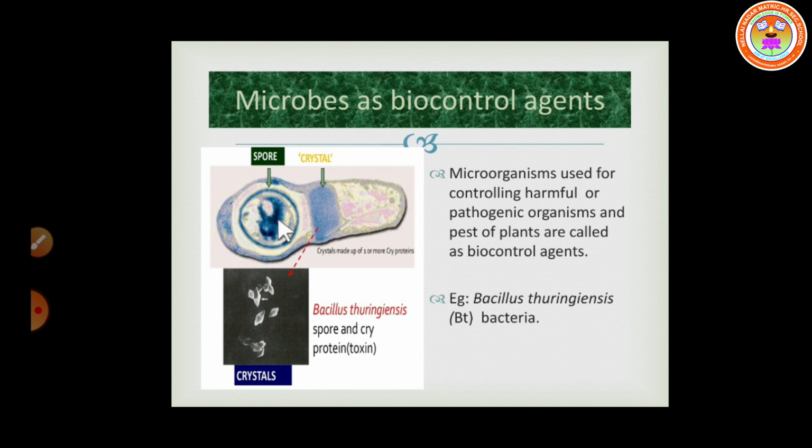Are you clear? So this Bt bacteria produces a special type of protein called Cry protein, and this Cry protein is a toxic substance for the insect larva. It can be dissolved in water and sprayed against the insect larva in order to kill those insects and pests in the case of plants. Are you clear?